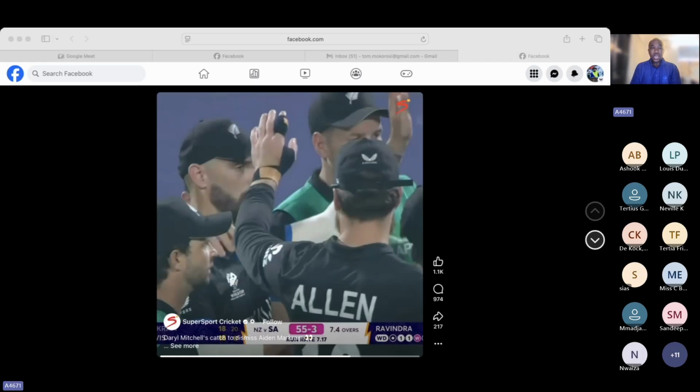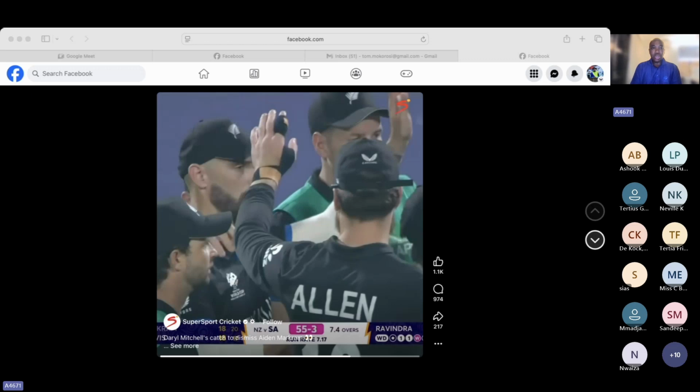If the ball lands off the pitch, but it lands after the line of the stumps or the bowling crease, then it won't be a no ball, it will be a wide.